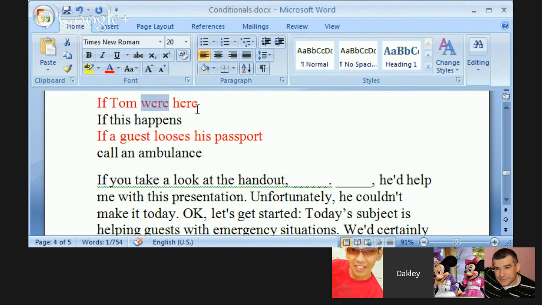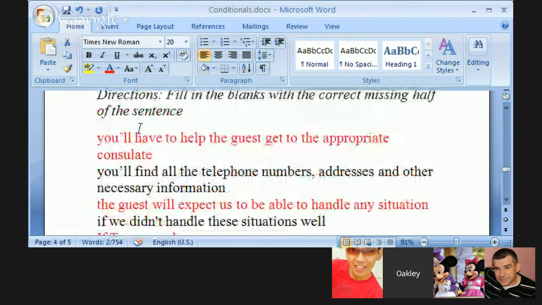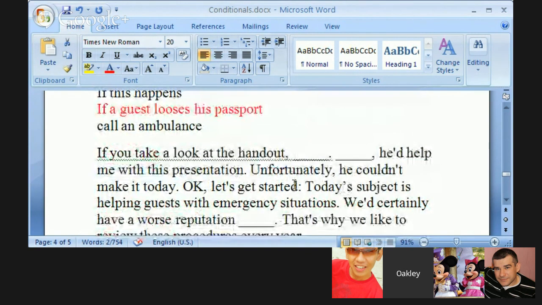It's unreal. Obviously, Tom's not here, so it's imaginary. Whereas the first sentence, if you take a look, is simple present tense, and then you will find. So the first sentence was first conditional. The second is the second conditional.